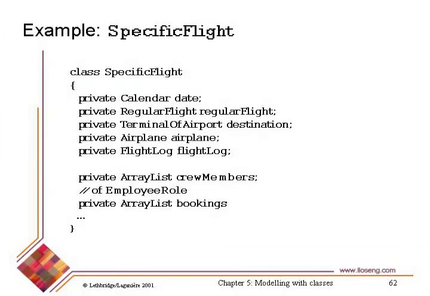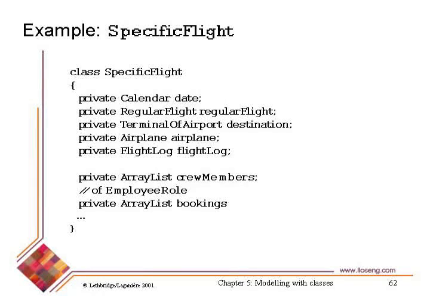RegularFlight is implemented as an association: the specific flight is one regular flight, so it's of type RegularFlight. I have an airport terminal. This flight is going to go from one airport terminal, so it's declared as type Terminal. One airplane and one flight log. So these first 5 attributes are implemented just as instance variables of the type of the class that's at the other end.